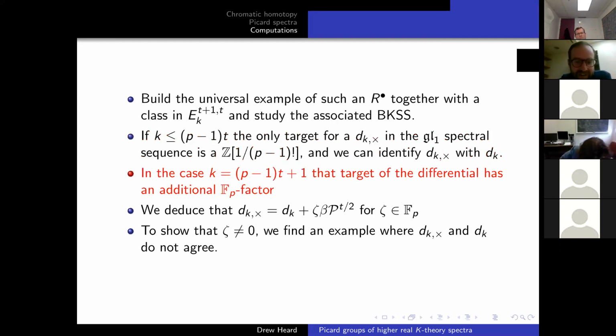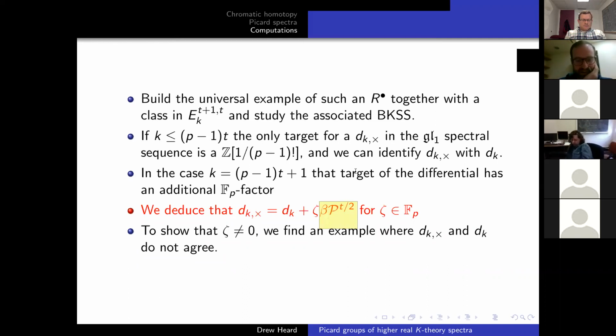In this first case that we can't import the differential, this is because there is a possible extra F_p factor that occurs. And this tells you by universality that there must be a formula like this, that the GL1 differential is just, okay, well, there's an A factor here, but we also prove that this is 1. So it's A times d_k plus zeta times this.